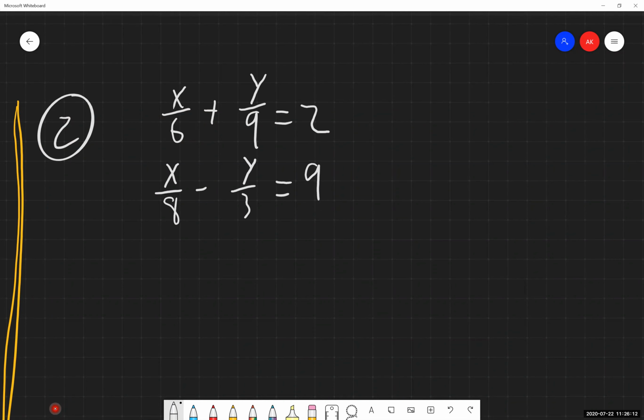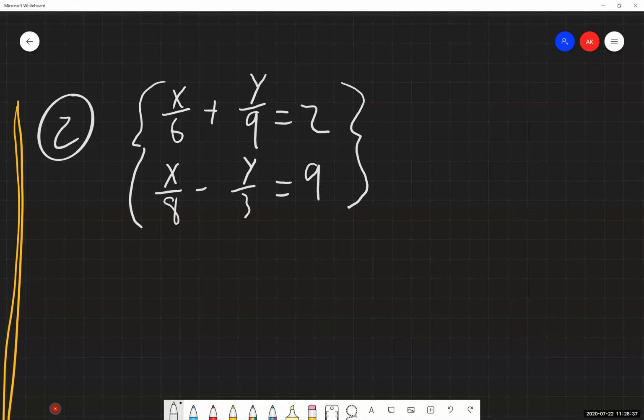We got that. x over 8 minus y over 3 equals 9. Okay, so we're good to go there. So we have our two original equations. Now again, we want these to be in standard form. That's ax plus by is equal to c. And we want a, b, and c to be integers. Essentially, we don't want any fractions showing up in here.